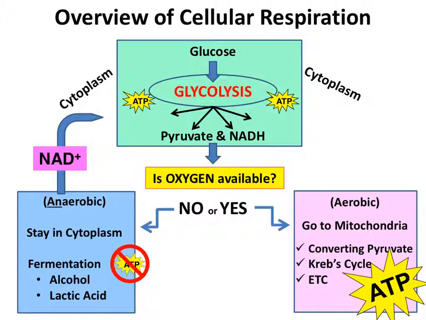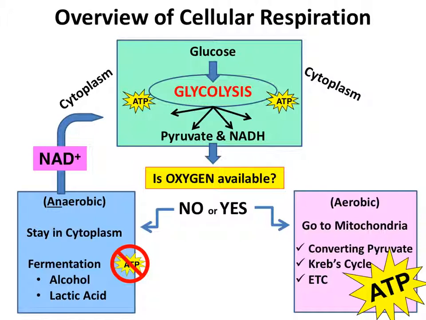If the answer is yes, then pyruvate and NADH will head to the mitochondria to do aerobic respiration. Aerobic respiration finishes in the mitochondria with these 3 processes: converting pyruvate, the Krebs cycle, and the electron transport chain. The goal is to make a lot of ATP. That's the benefit of going by this pathway, because when oxygen is present, a lot of ATP can be made.